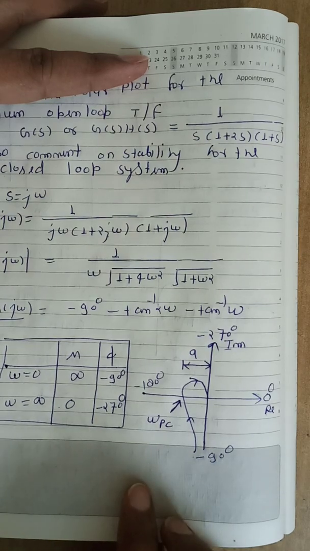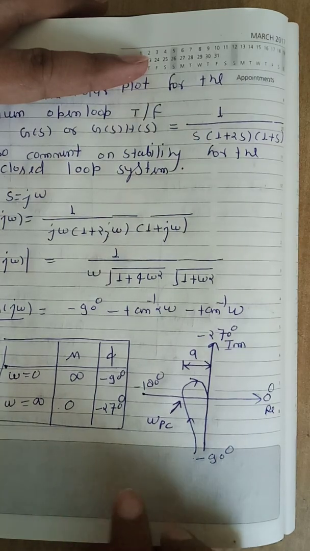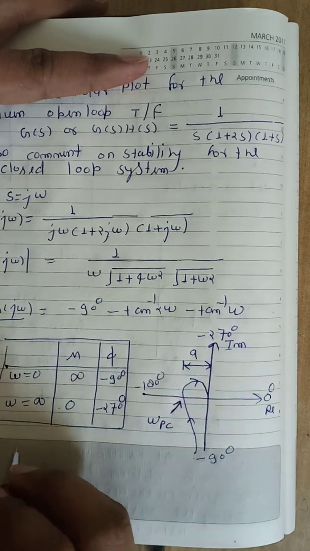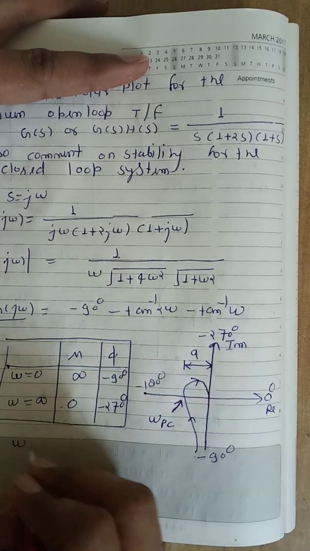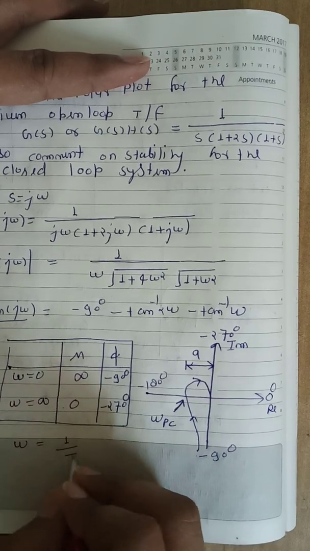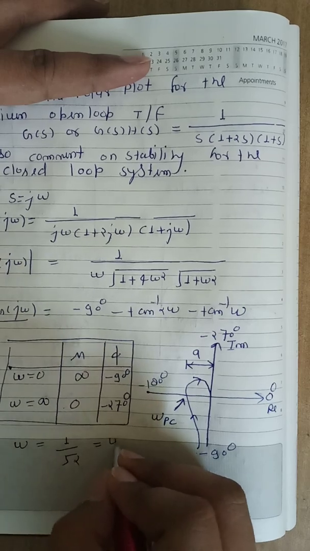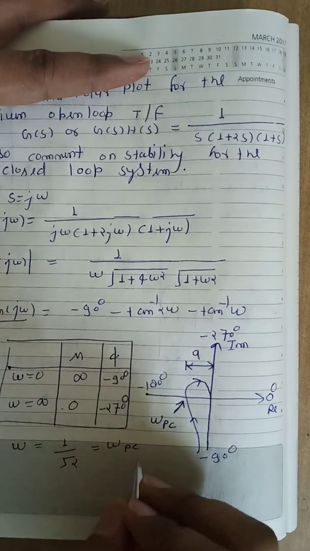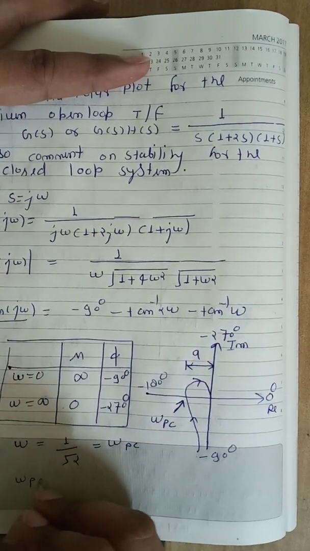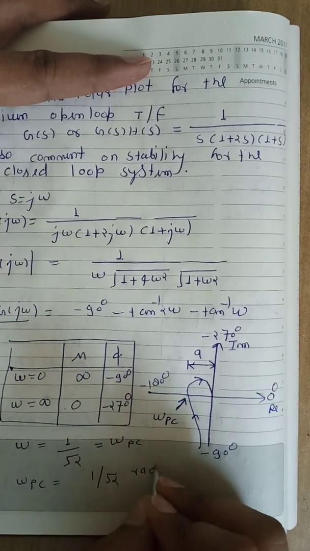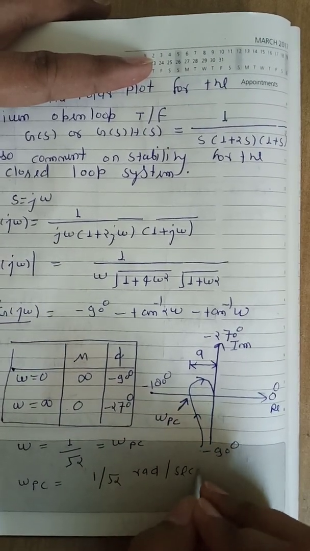Intersection point means intersection of a polar plot with negative real axis, and we have value omega equal to 1 by root 2. So phase crossover frequency becomes 1 by root 2 radian per second.